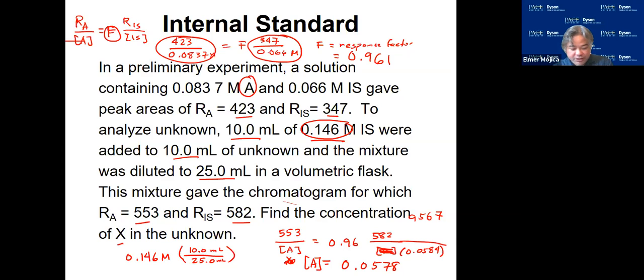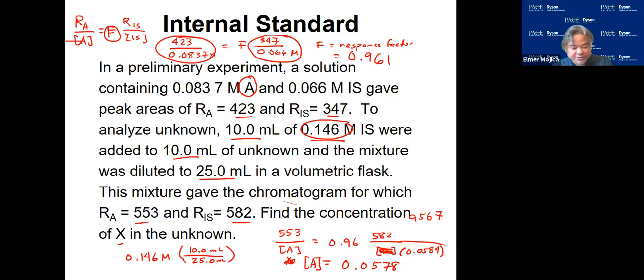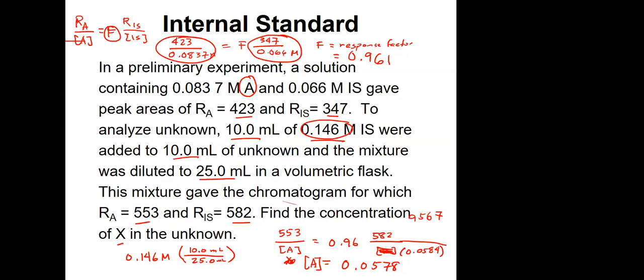The 0.961 times 582 divided by 0.0584. Right. For that, I just used the whole 9,567 point something, and I divide it with 553. Yeah, I just have a little rounding error. That's all.